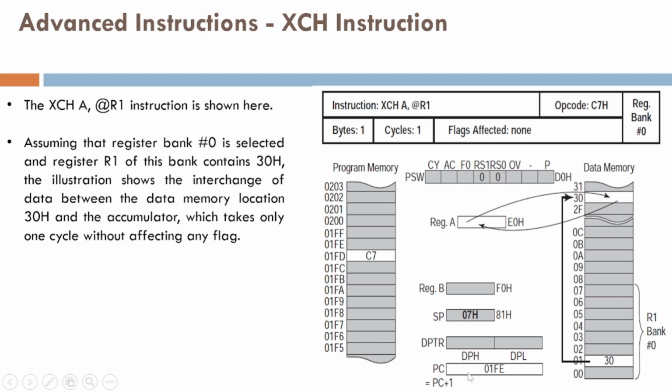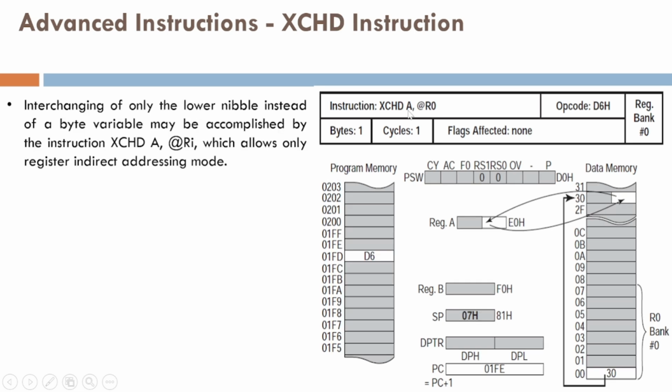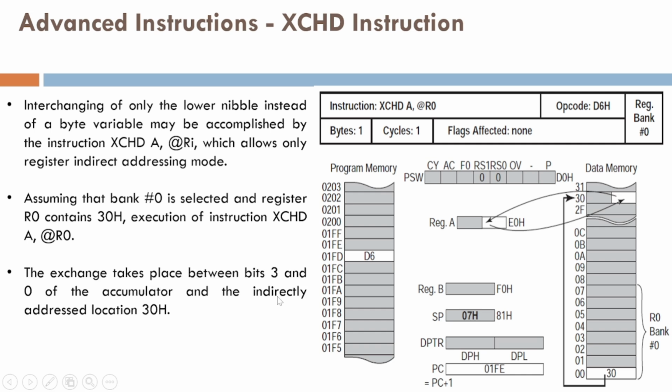So suppose the R1 register is having 30, so that will act as the memory pointer, and the content of 30 will now get exchanged with register A. Similarly, it is the same with R0, where R0 is having the address given as 30. So the content of 30 will now get interchanged with the accumulator.